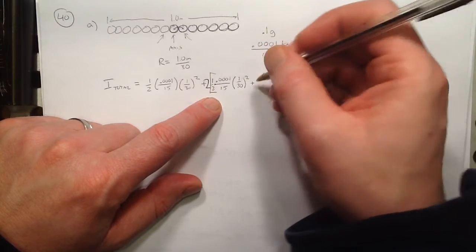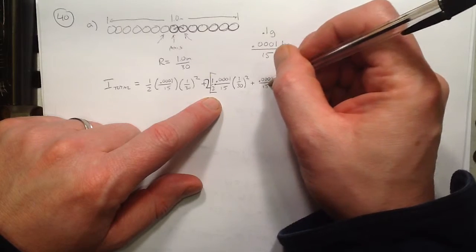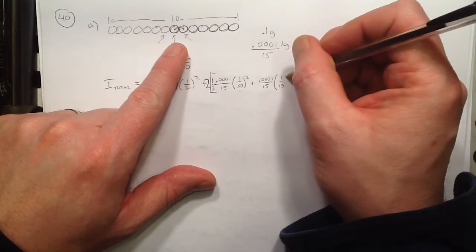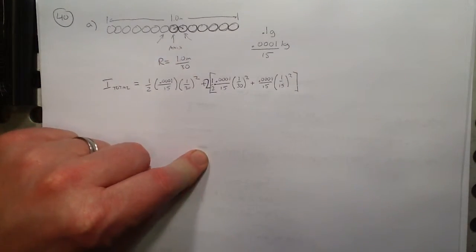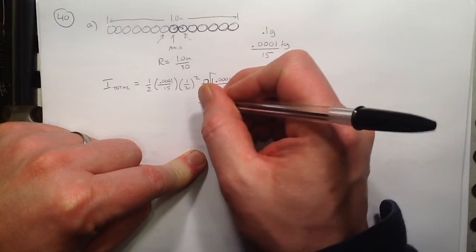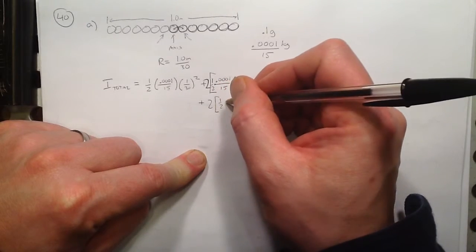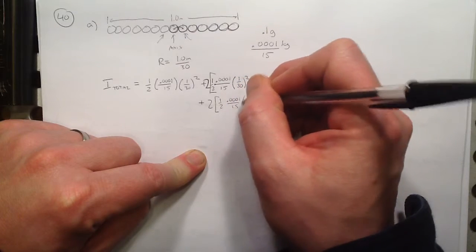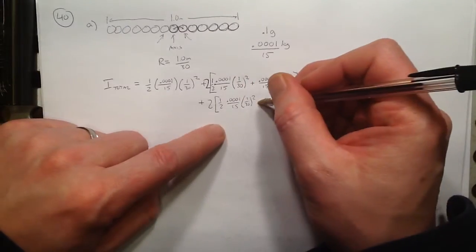And then parallel axis theorem, I have to shift m, and then this shift is 1/15 of a meter squared. Right? Plus, I've got 2 more disks where I've got the same 1/2 r squared. That's always going to be the same for all of them.